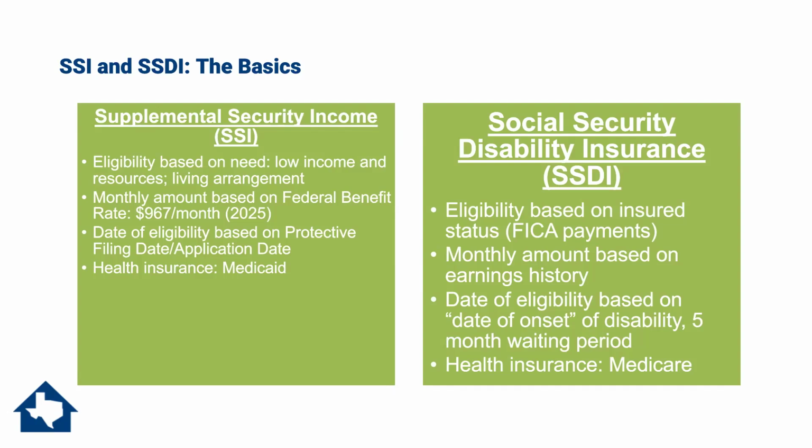On the other side, SSDI or Social Security Disability Insurance, eligibility is based on status, on insured status. This is your FICA payment, so you have to have paid into this for a period of time. Monthly amounts are based on earning history, so everyone's going to be a little bit different. Some are going to have a little higher, some are going to have a little less.